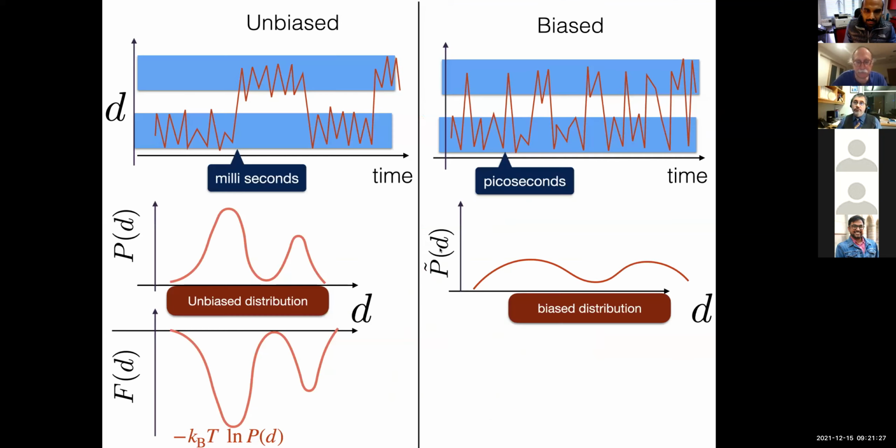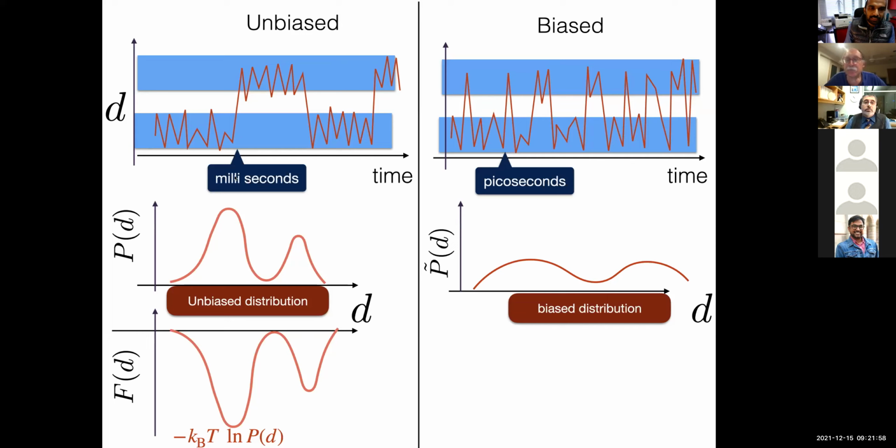Of course, all of you know about biased simulations and unbiased simulations. In unbiased simulations, especially if you're doing molecular dynamics without applying any bias, what you can do is follow the collective variables as a function of time, get the probability distribution, and then of course get the free energies. In biased simulations, you will be able to see transitions between different states very rapidly.